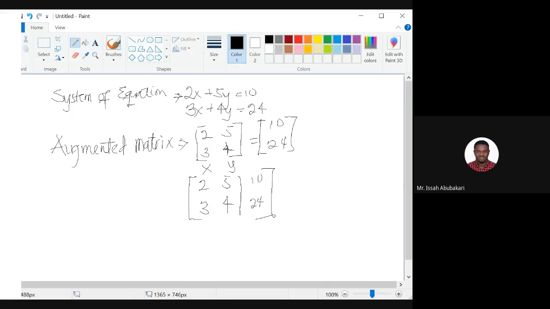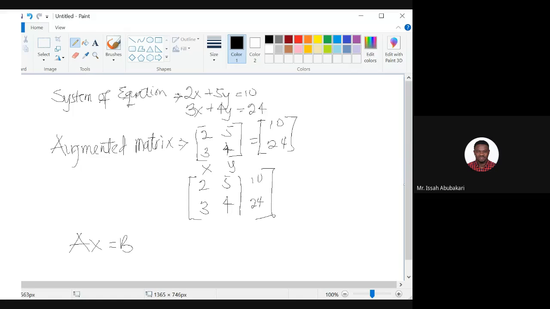The reason why it is written like this is that for us to find the variables, we have to solve it using this method or this formula: Ax equals b. Ax equals b, whereby x will be the variables, A will be the 2 by 2 matrix, and B will be the 2 by 1 matrix.